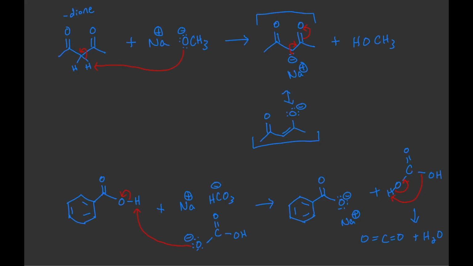That will be your conjugate acid. As long as you understand the flow of electrons from the base to the acid, or to the proton of the acid, you will be able to figure out most, if not all, organic acid-base reactions.